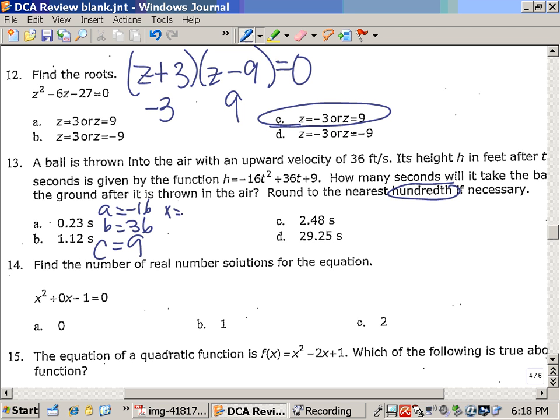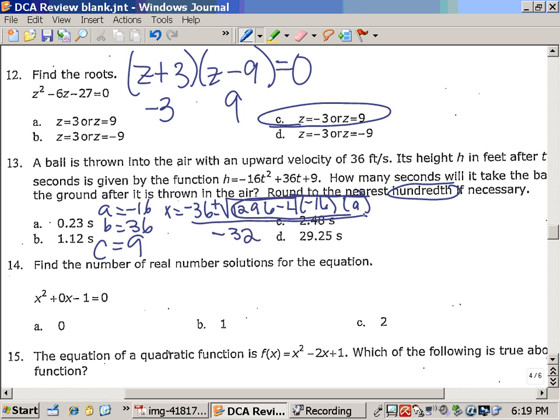So x equals -36 plus or minus the square root. B squared is 36 squared, which is 1296. Minus 4 times -16 times 9, all over 2 times A, which is -32.